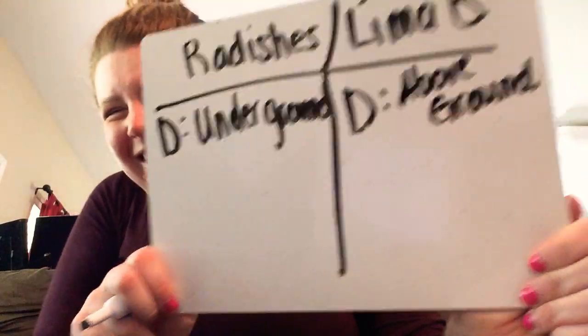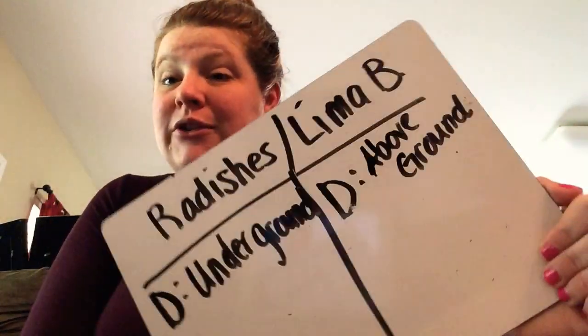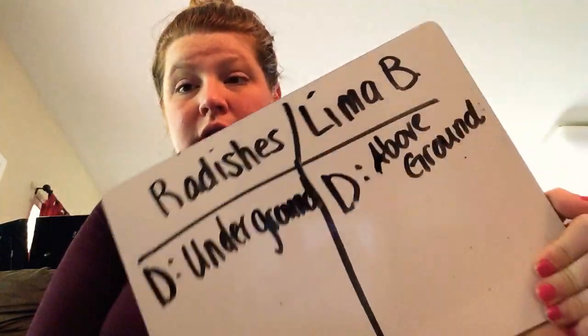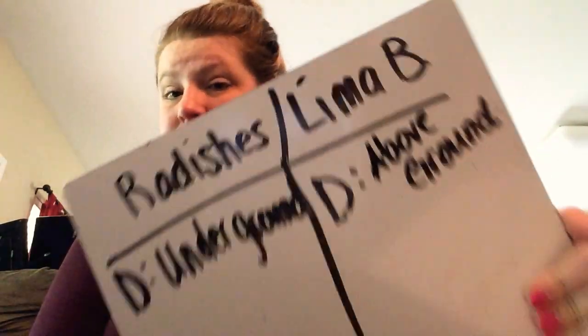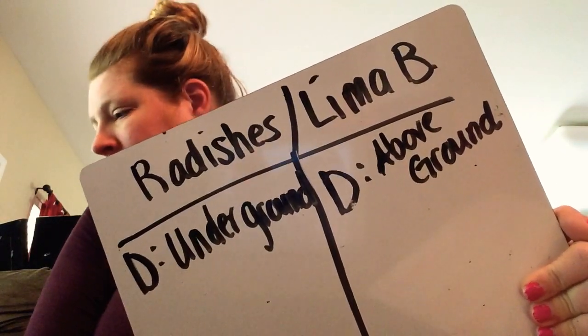Radishes grow underground, and lima beans grow above ground. Don't believe me, look it up. From your pictures, you should be able to get that. So make sure you do go to the link, make sure you upload those pictures so you can get a really good idea about what radishes and lima beans look like.